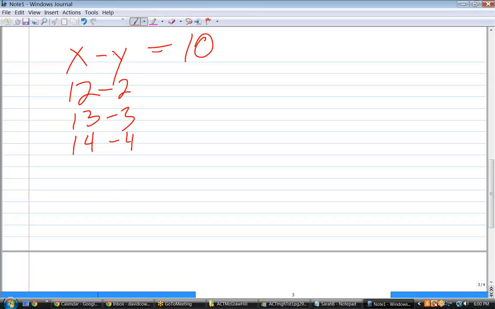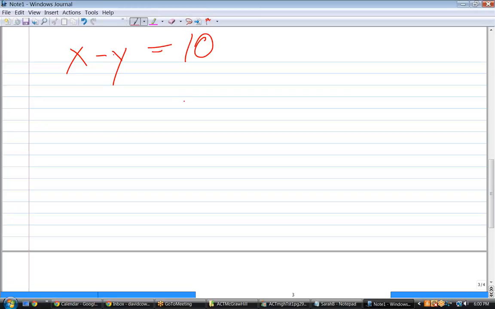I could have an infinite number of solutions. In other words, how many different xy pairs could you get? Well, there's no limit. So when you have one equation and 2 variables, you have an infinite number of solutions.